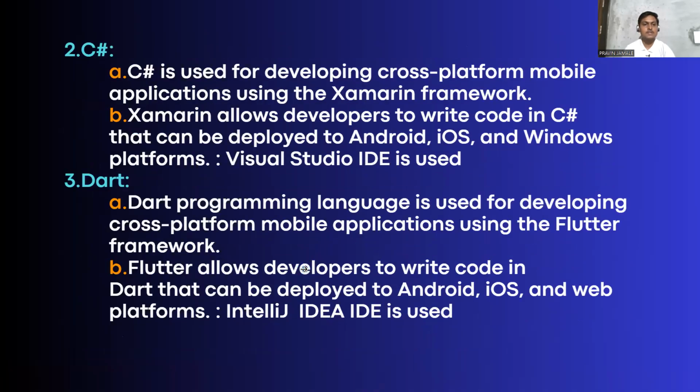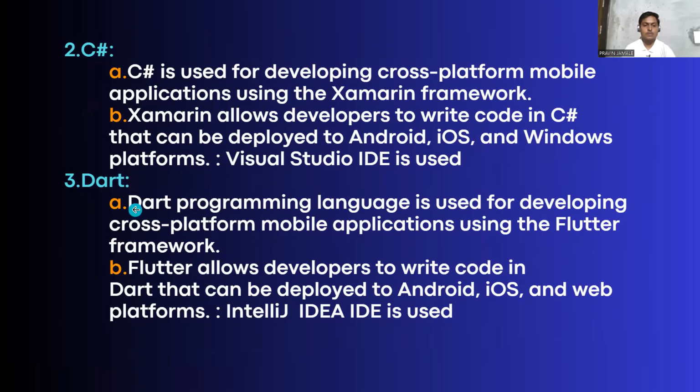The second programming language is C#. C# is also used for developing cross-platform mobile applications, but with a different framework, Xamarin. It allows developers to write code in C# that can be deployed to Android, iOS, and also Windows platforms. The IDE used is Visual Studio.